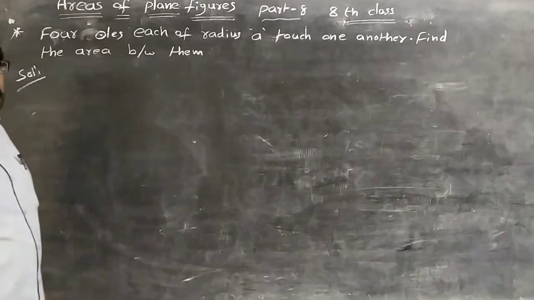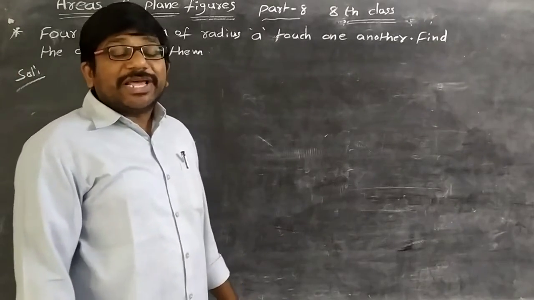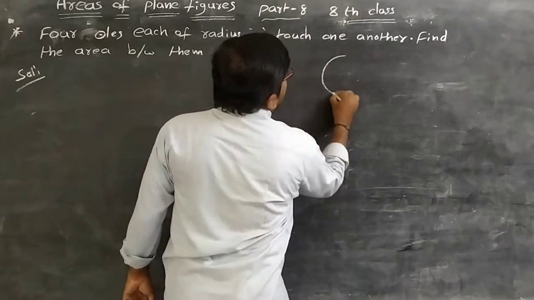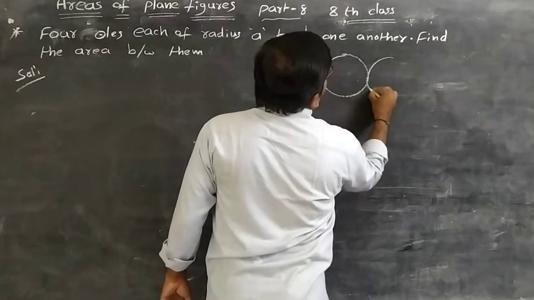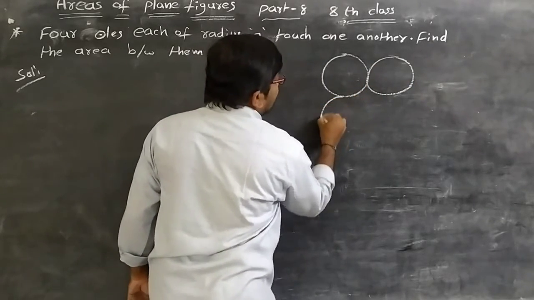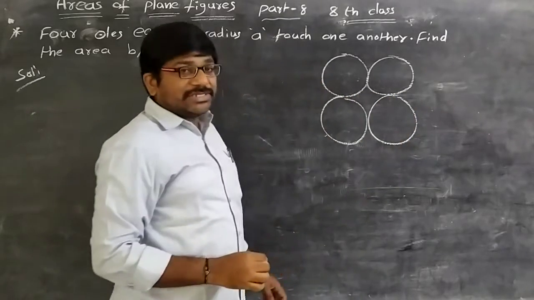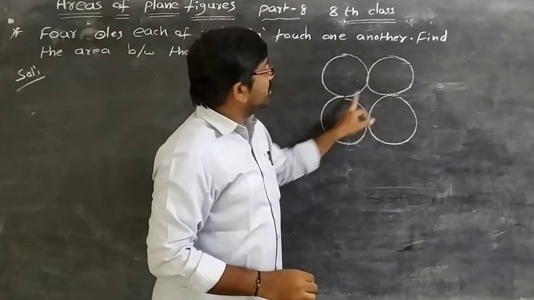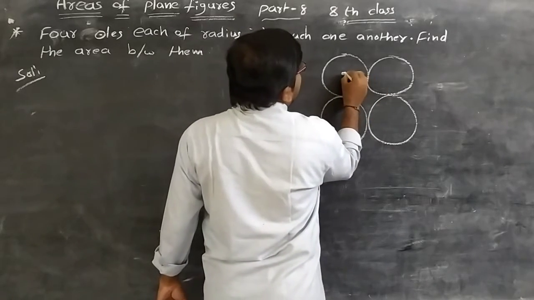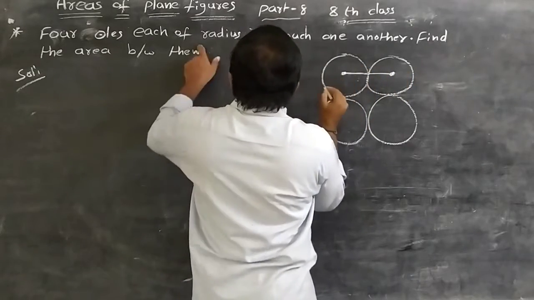Yes. First, draw the diagram. 4 circles with the same radius touching one another, like this. It is the first circle and second circle, like this, touching one another, and the third circle and the fourth circle, like this, touching one another, right? These 4 circles have the same radius, that is a units.